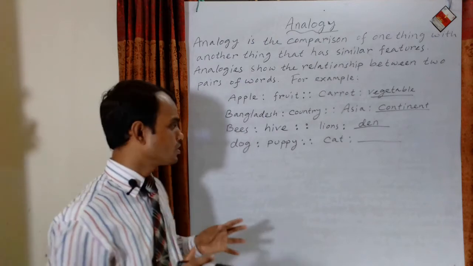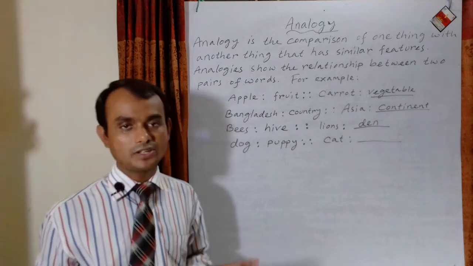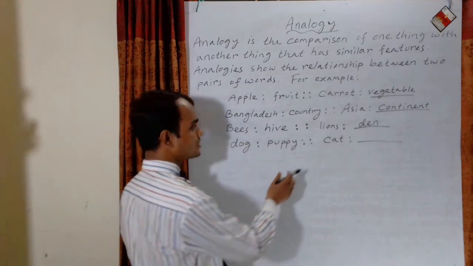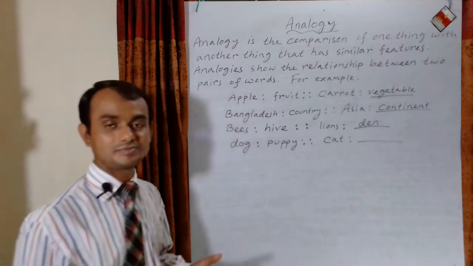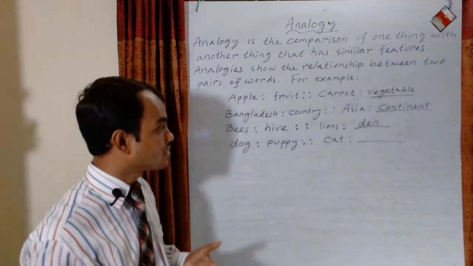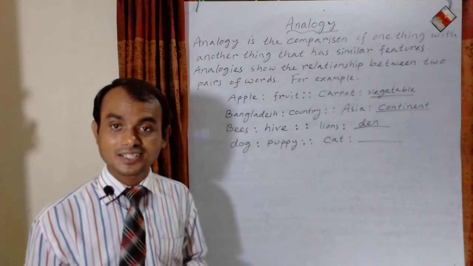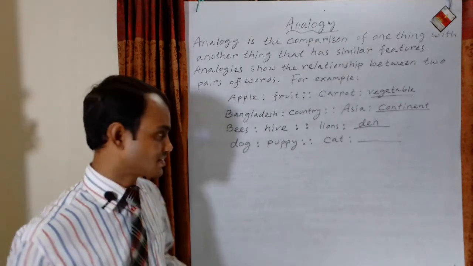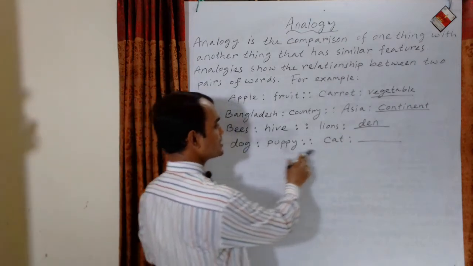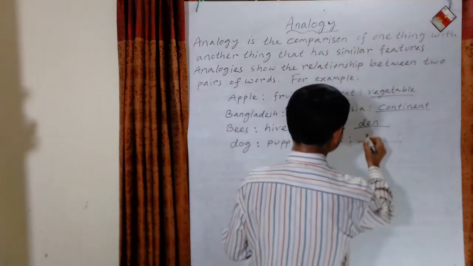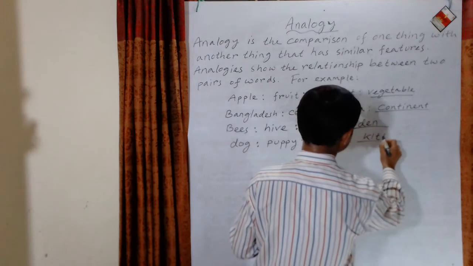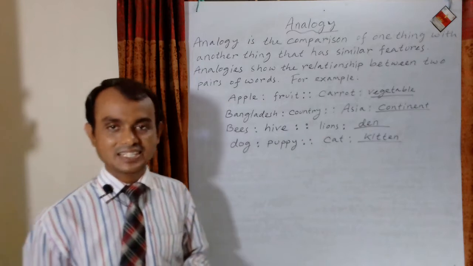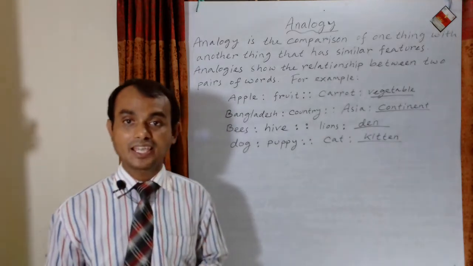We know a puppy is a baby dog. So in case of cat, what should be the baby of a cat? Kitten. Baby dog is puppy. Baby cat is kitten.